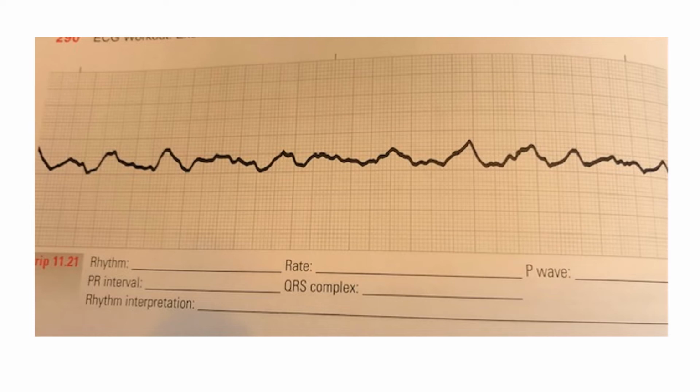And if the rhythm is still Vfib after your second shock, you're going to administer epinephrine, 1 milligram. That's to help support the CPR. It's going to help with perfusion to the brain, the heart, and the vital organs. Epinephrine does not convert Vfib. Defib converts Vfib. You can give epinephrine every 3 minutes.